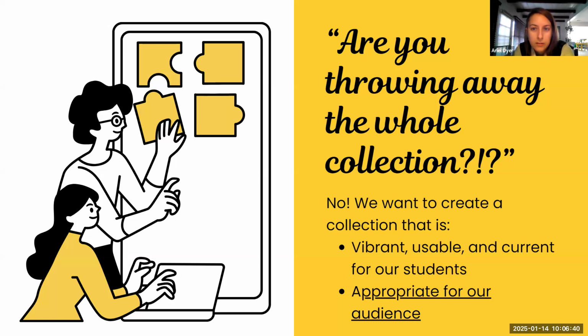Currently, when people ask us at the desk for physical, we try to accommodate, but as Faith pointed out, a lot of that stuff is too old to be usable for them depending on their discipline. So we want it to be not just new.